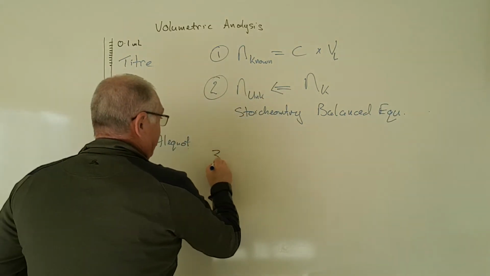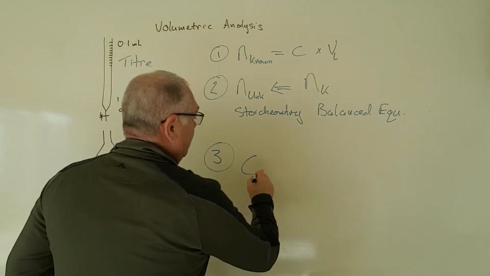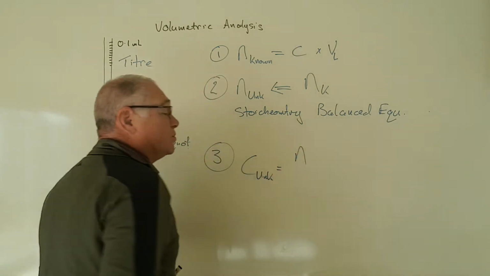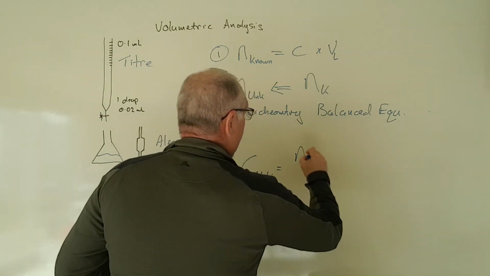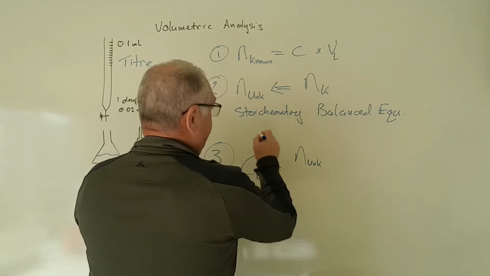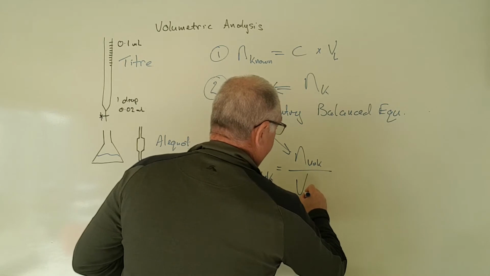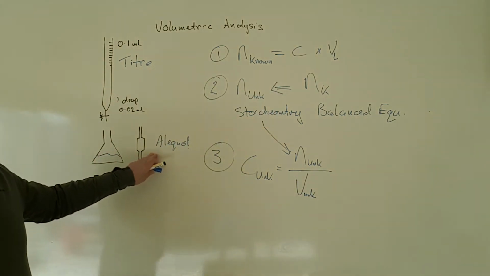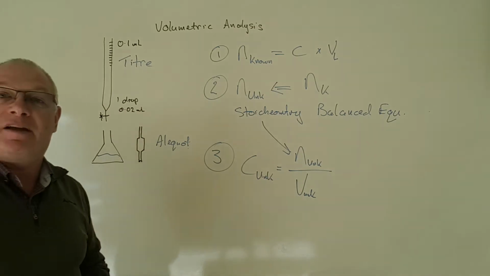And the third step is now to work out the concentration of the unknown solution, and that is simply the number of moles of the unknown solution, which we get from the stoichiometry, and the volume of the unknown, which we get because we've measured it either with the pipette or with the burette in the titer, and then we can calculate.